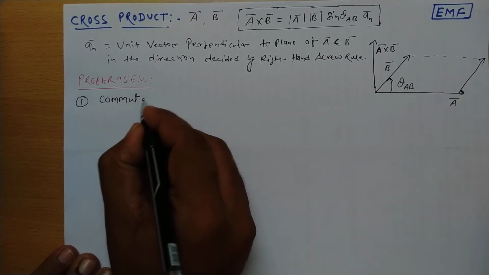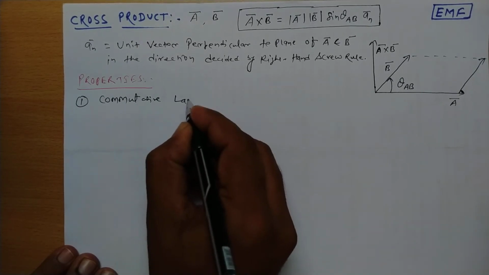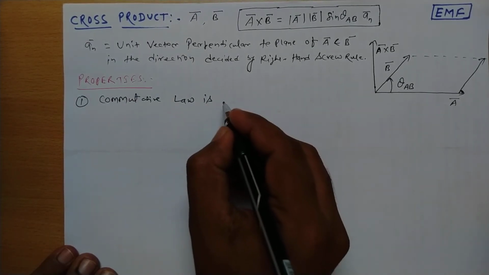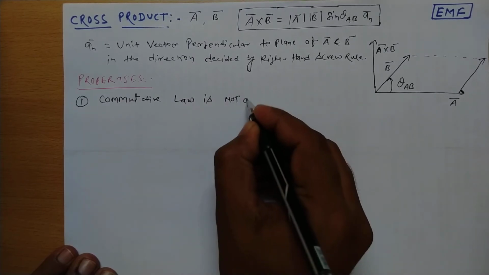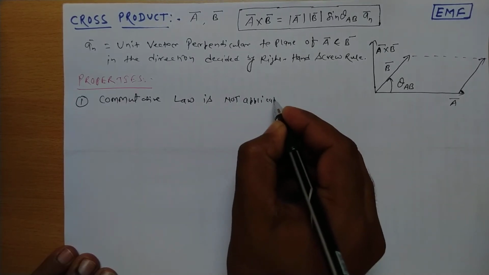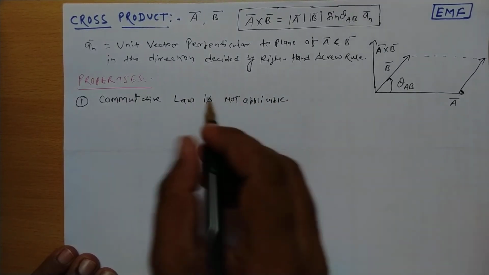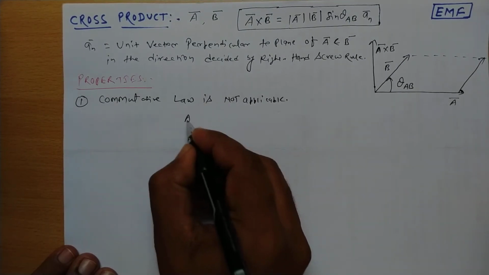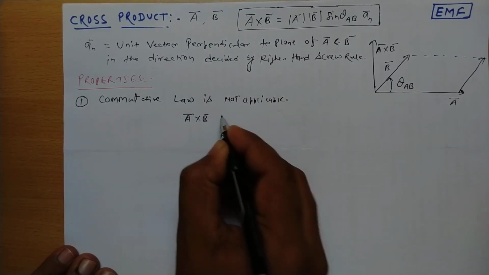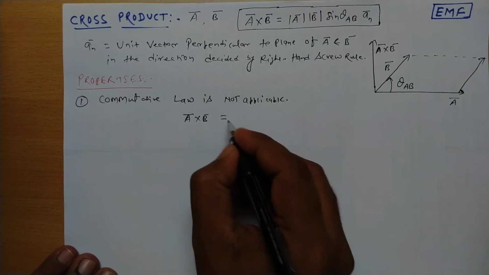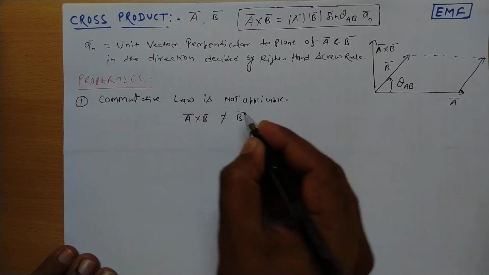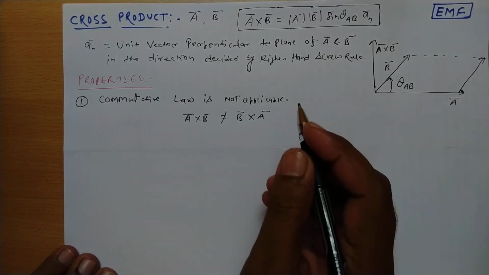It means that A cross B will not be equal to B cross A, right?